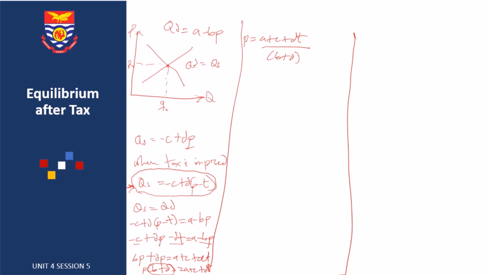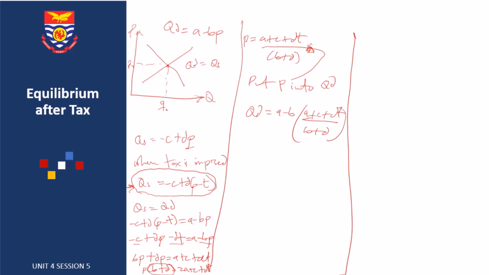Having found the equilibrium price, I can put P, which is equal to this, into the QD function, since I want to find the equilibrium quantity. QD now becomes A minus B, bracket open, A plus C plus dT all over B plus D, bracket closed.